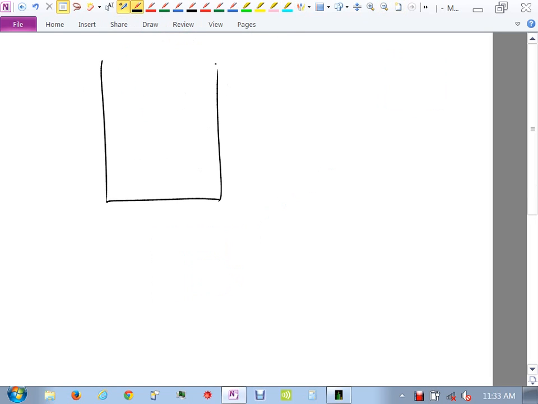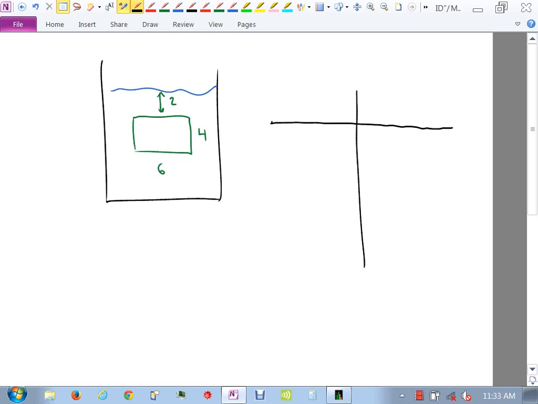So I'm going to take this real quick, draw it again. Here's my plate. It was 6 foot, 4 foot. It was 2 feet deep, right? All right, so I'm going to draw now an axis, not even an X and Y axis. I'm just going to create an axis. I'm going to orient my plate so one corner of it is at the origin.